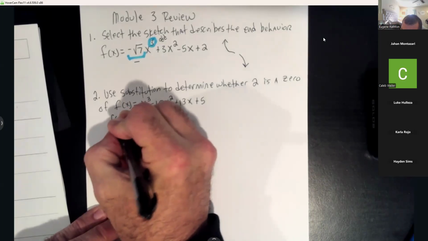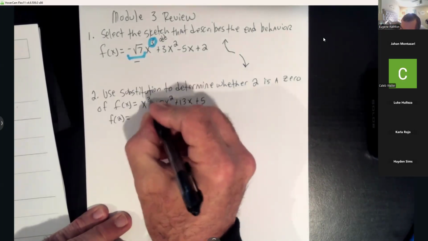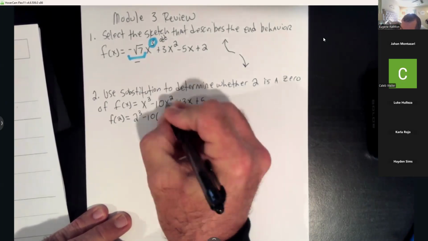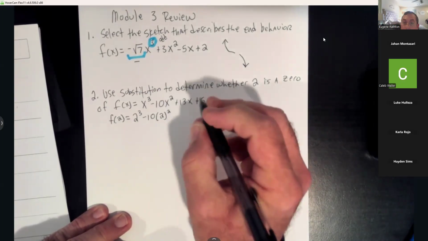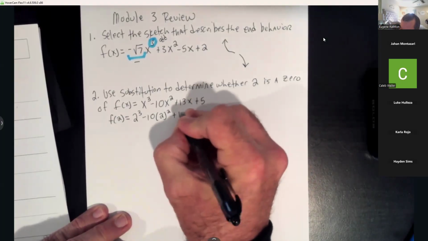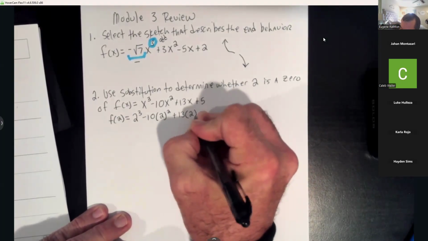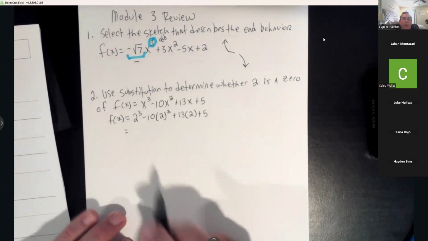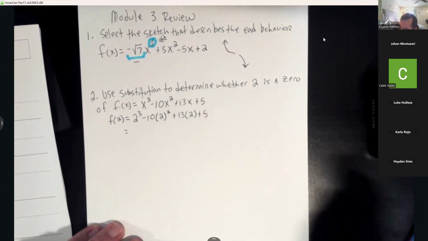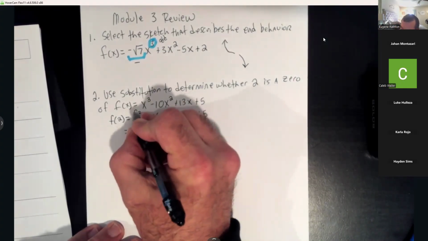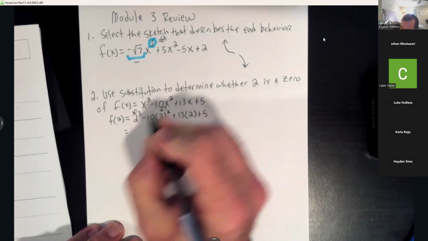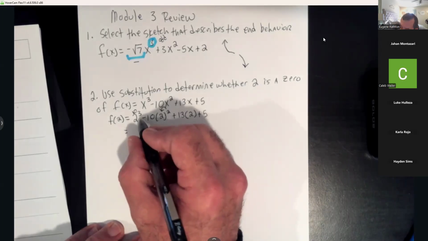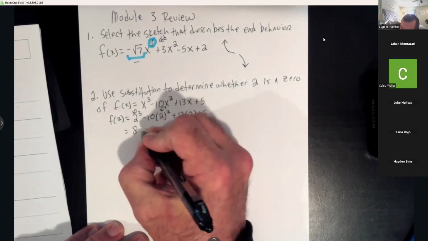So y'all, we need to find f of 2. So that'll be 2 cubed minus 10 times 2 squared plus 13 times 2 plus 5. So I'm going to work it by order of operations. First thing I'm going to do is the exponents. So the exponent for this one is 3. So 2 to the third power, 2 times 2 times 2 is 8.